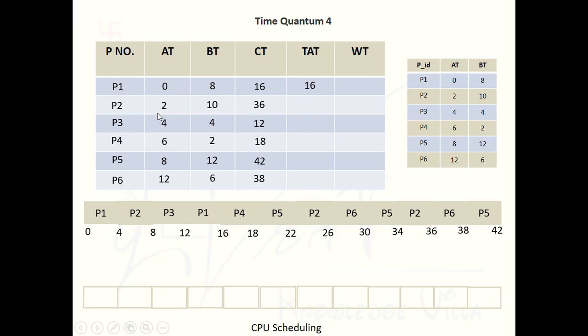Next 36 minus 2 is 34. Next 12 minus 4 is 8. 18 minus 6 is 12. 42 minus 8 is 34. 38 minus 12 is 26. So these are the values of turnaround time. We got them from completion time minus arrival time.